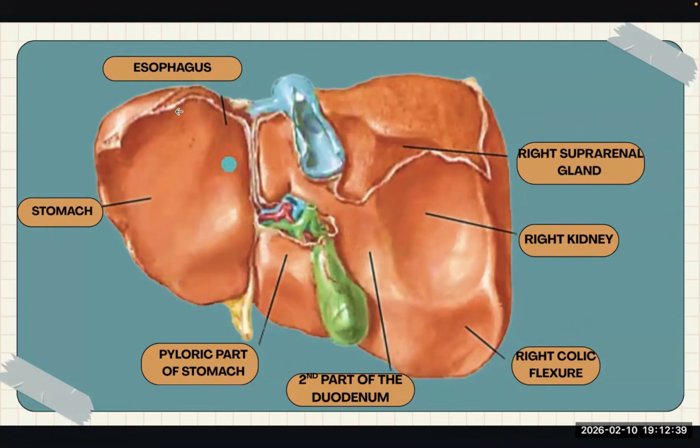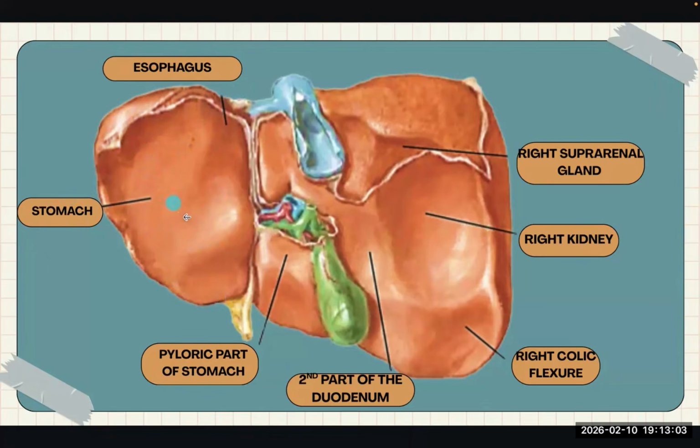Which side is this, left or right? Over here we have the word right, so it makes sense that this is the left. On the left side, you can see the depression of the esophagus and the stomach. That makes sense because the esophagus and the stomach are both found in the left upper quadrant.